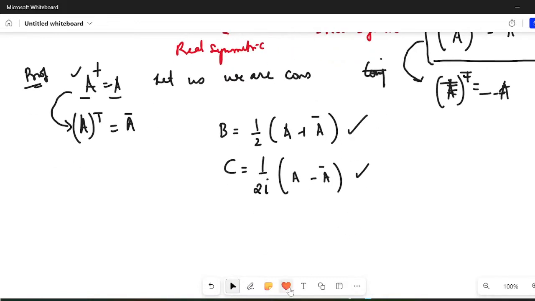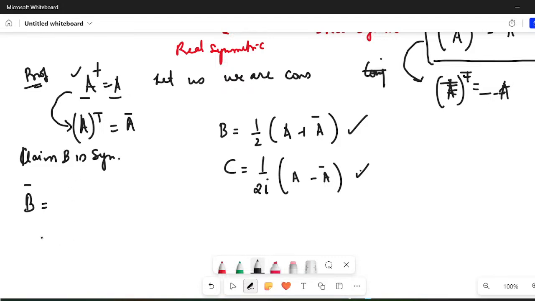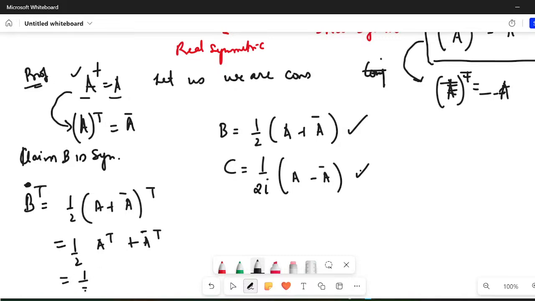Okay. In order to see whether they are symmetric or not, what I can do is this. My claim is that B is my symmetric matrix. Let us see, if I take B transpose, it would be equal to 1 upon 2 of A plus A conjugate transpose. I can simply write A transpose plus this, and you know that A is your Hermitian matrix, right?